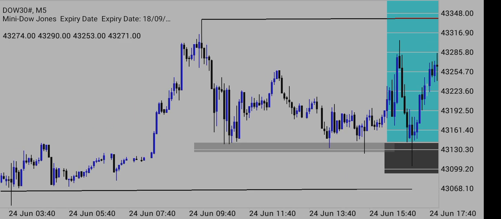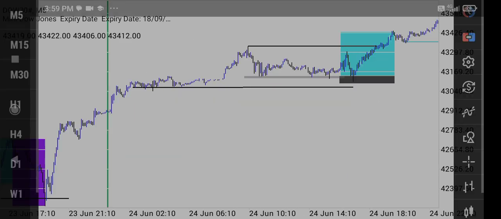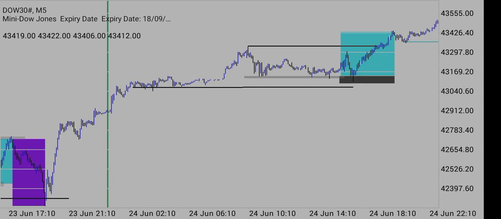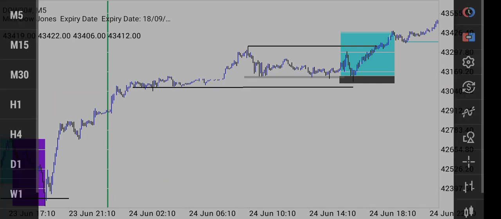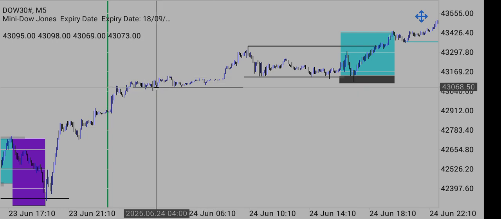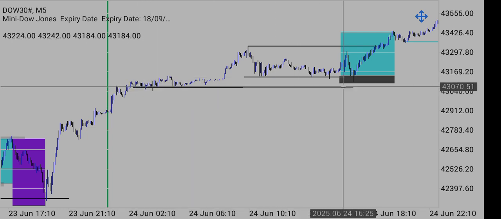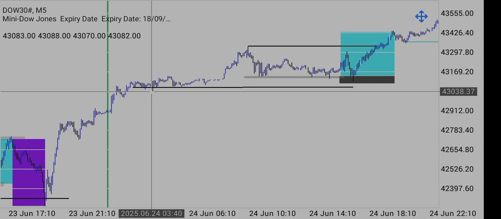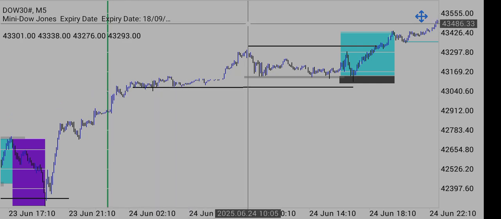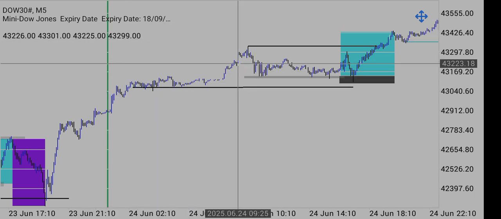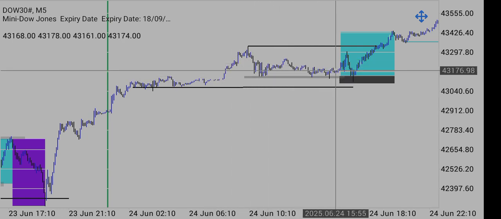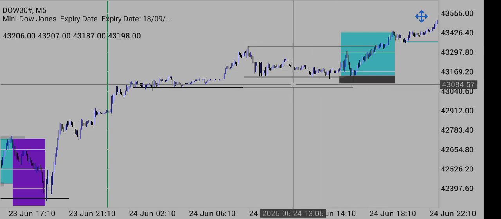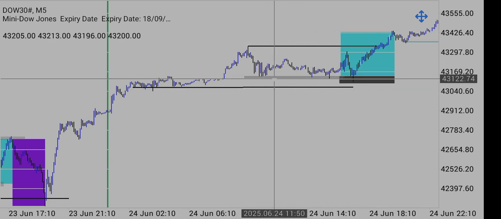Again, okay, so this was our sell side liquidity. Price didn't take it, opens, goes high, goes low, takes one liquidity, consolidates, goes high, takes this liquidity.